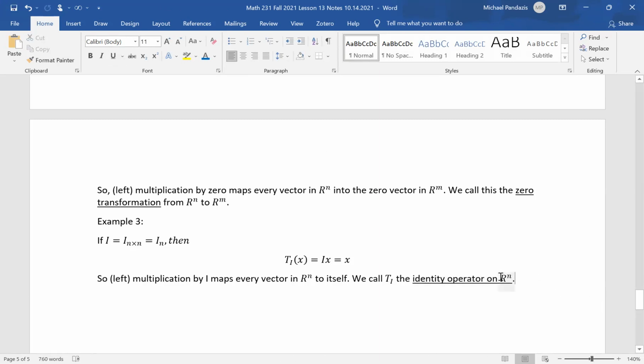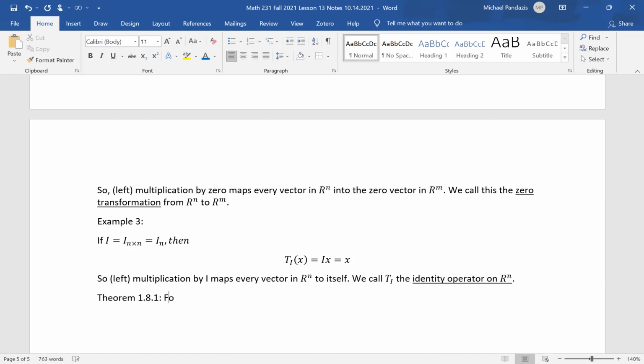It's the identity operator on Rn because it takes every vector in Rn and it maps it to itself. That's what identity does. It maps things to itself. Okay, on Rn because the domain is Rn.